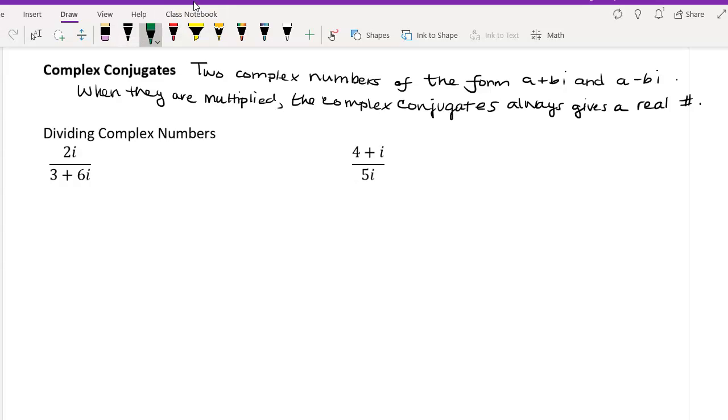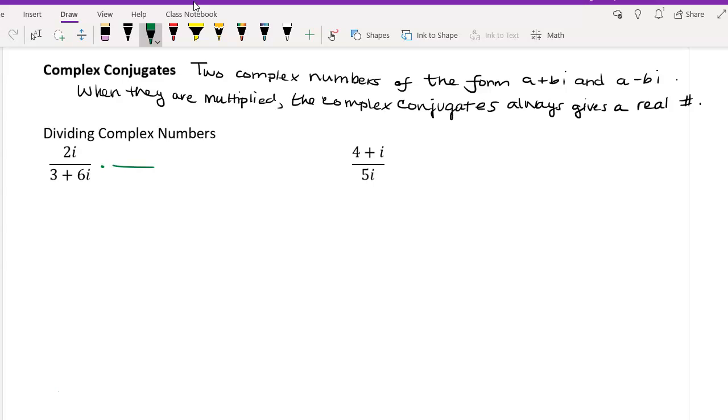Well, let's take a look at this example here. When we're dividing these complex numbers, we have 2i over the quantity 3 plus 6i. This denominator is that a plus bi, so I need to multiply by the complex conjugate to get the i out of the denominator. And that's the thing, I do not want any i's in the denominator.